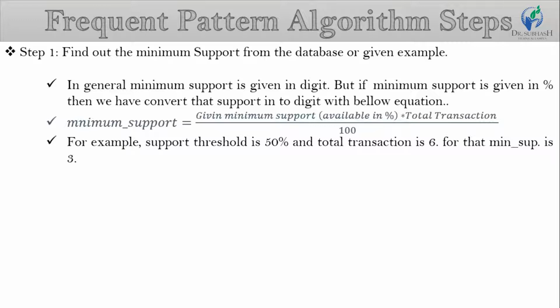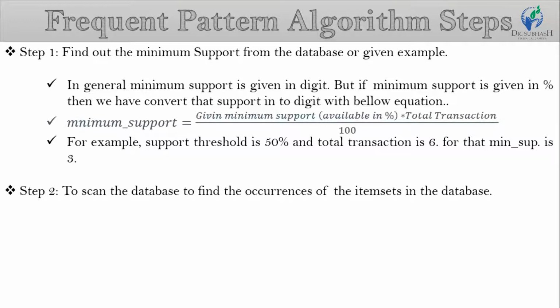Now the next step is to scan the database to find the occurrence of the item sets in the database. This step is the same as the second step of Apriori. The count of one item set in the database is called the support count, or frequency of one item set. Now, the next step is to prioritize the items, or we can say give priority to the items.